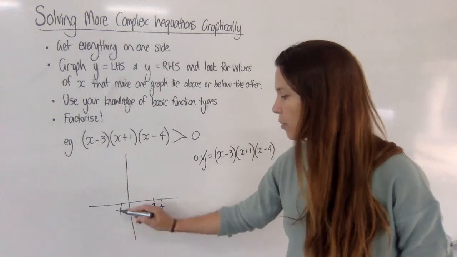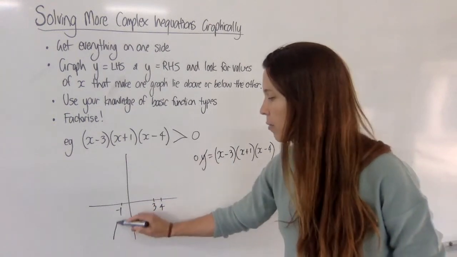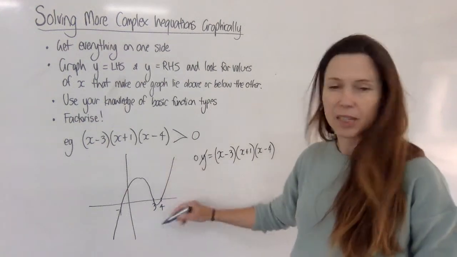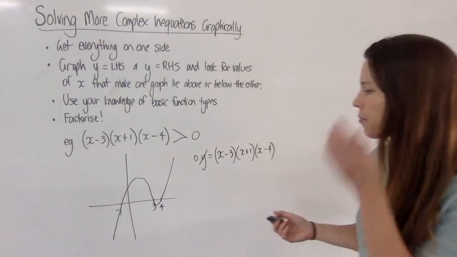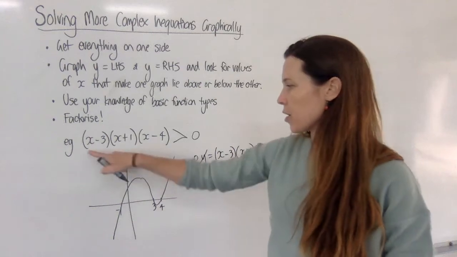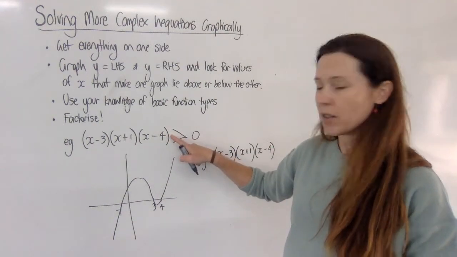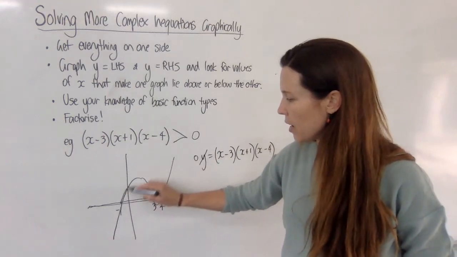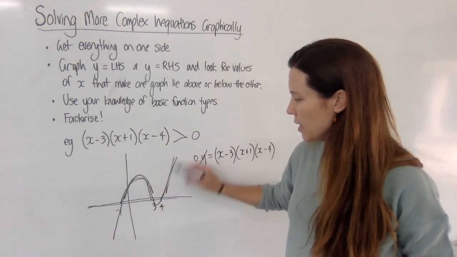Now, a cubic curve goes from low to high, so I know it must go something like this. I don't really care how high up and down it goes, I just know that's the basic shape. So now I want to know where my cubic curve is above the line y equals 0, which is just the x-axis. Well, that happens here and here.